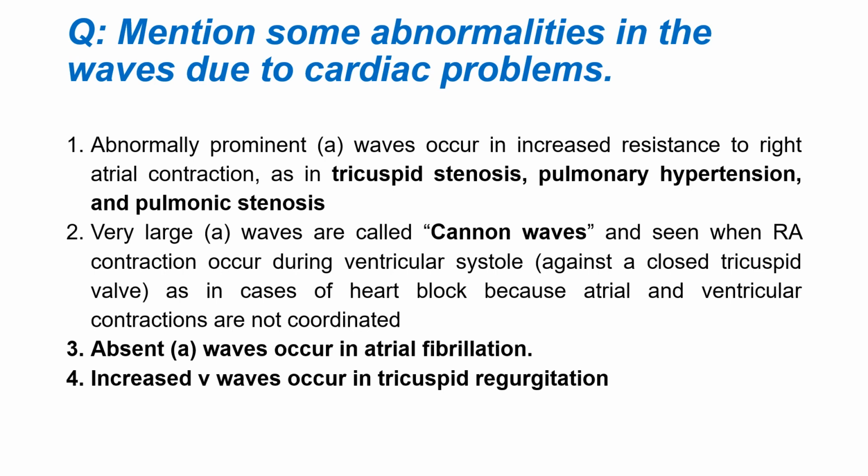Of course, the ventricular pressure will be higher, so blood will not go from the atrium to the ventricle. When the atrium contracts, it will find ventricular systole, so blood cannot be evacuated from the atrium to the ventricle. So the pressure in the atrium will be very high, producing what we call cannon waves, which are one of the examples seen in heart block.